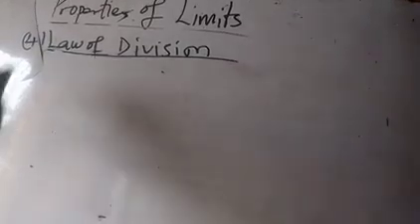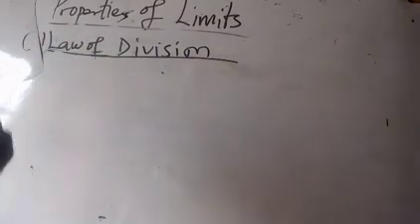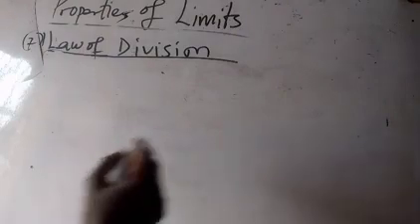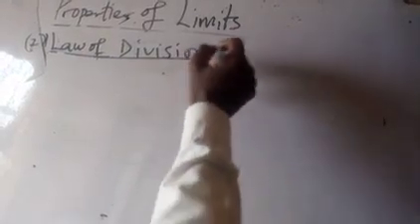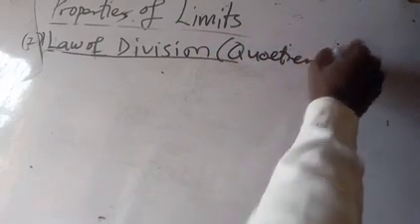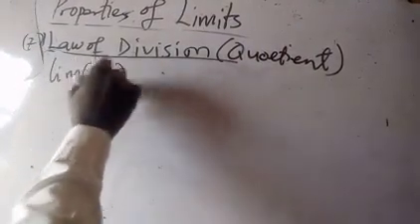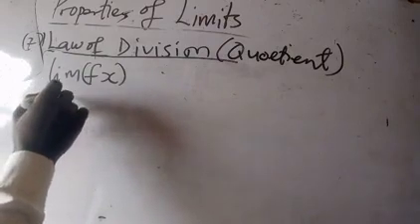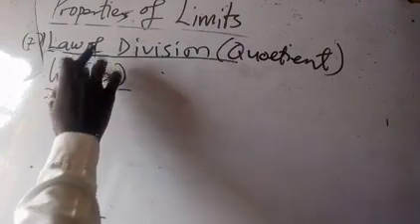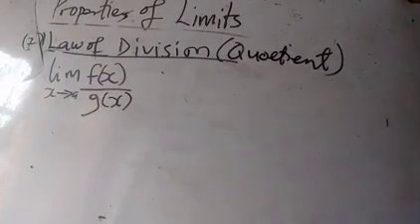This is the law of division. Law of division, that is the 7th law. Okay, at times it's called law of quotient. So we have limit of f of x as x gets to a divided by g of x.